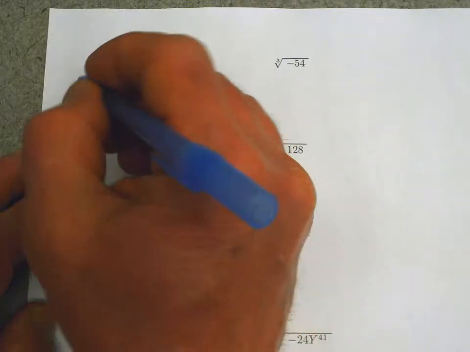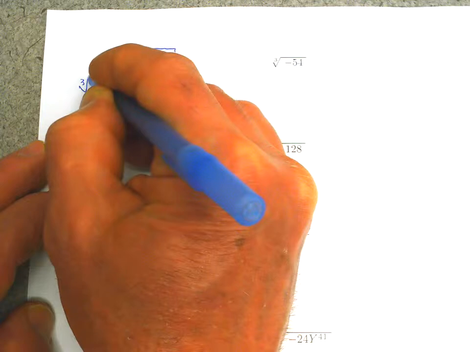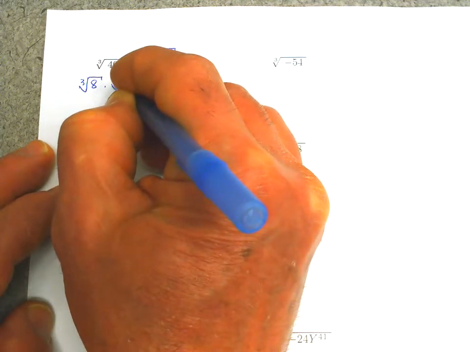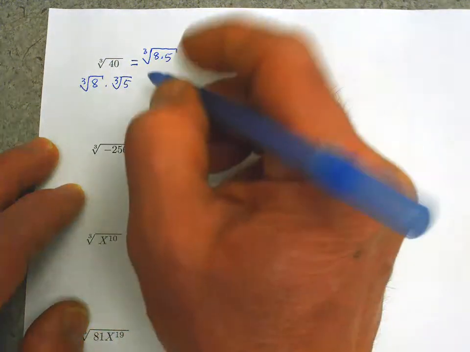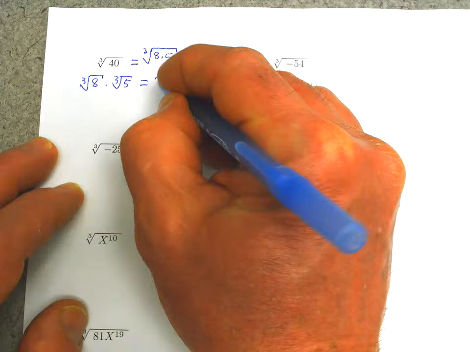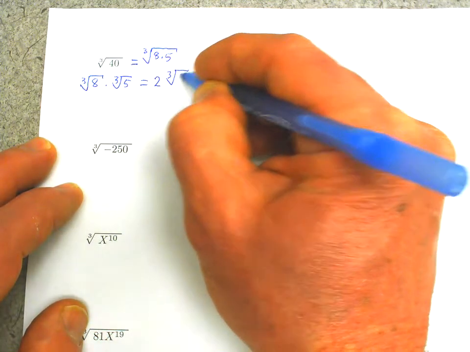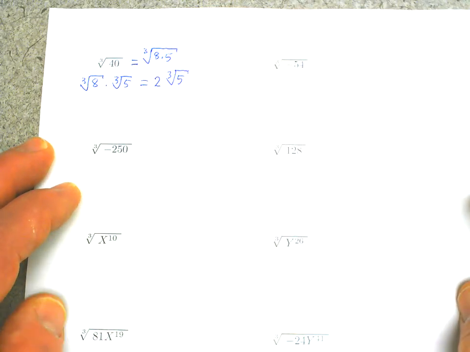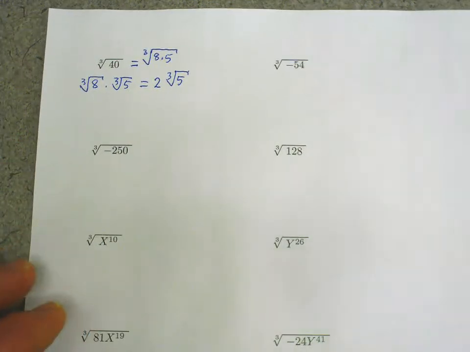And then we can write it as a product of cube roots, the cube root of 8 times the cube root of 5. And then the cube root of 8 is 2. And we multiply 2 times the cube root of 5. Okay, so if you know what the perfect cubes are, that helps greatly.